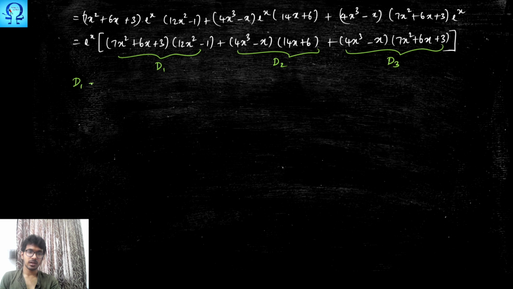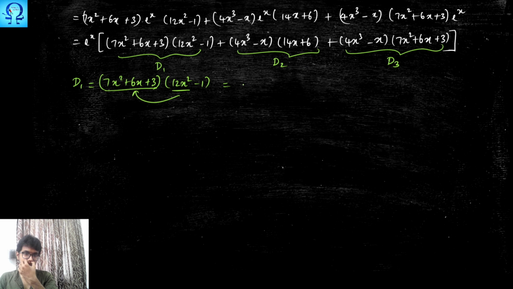My D1 is going to be 7x squared plus 6x plus 3 times of 12x squared minus 1. So when you multiply 12x squared with the entire terms, what are you going to get? 7 times of 12 is going to be 84, right? So 84x power 4, and then 12 times of 6 is going to be 72x cube, and 3 times of 12 is going to be 36x squared.